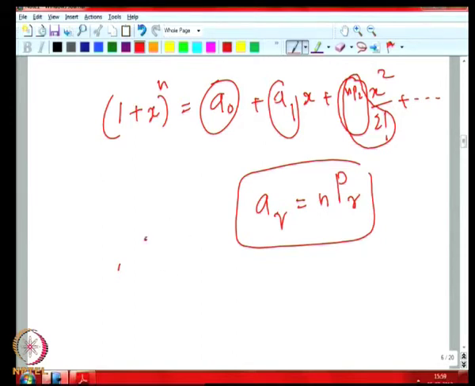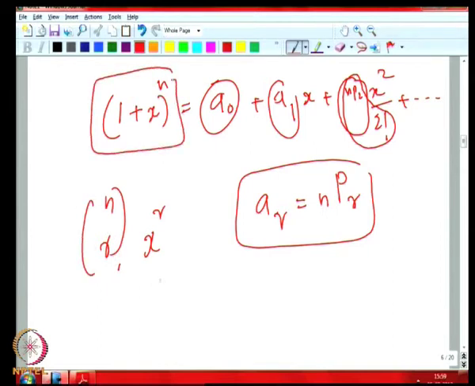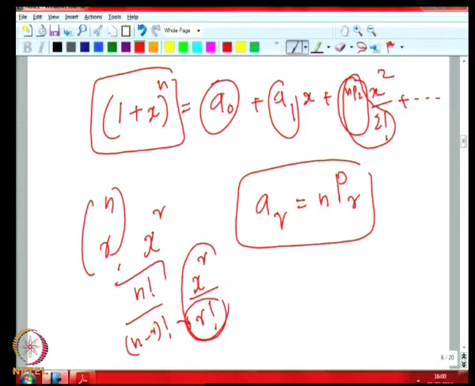For instance, when I consider the coefficient of x raised to r, that is n choose r when you expand this. But I am only interested in the coefficient of x raised to r by r factorial. So, that means this is n factorial over n minus r factorial into r factorial. This r factorial goes here. I am only interested in this part, and this is actually n p r.